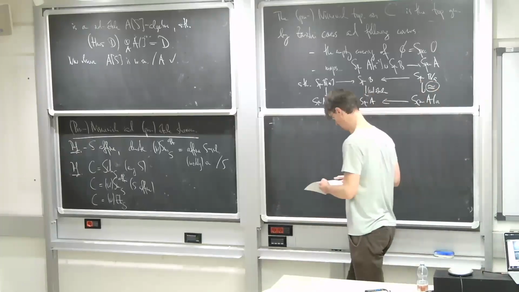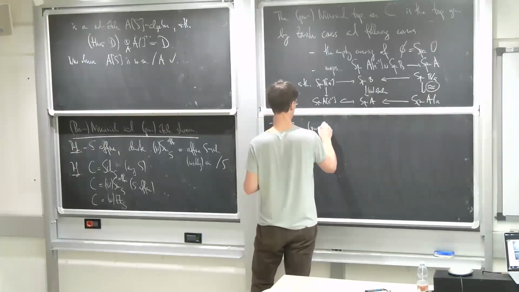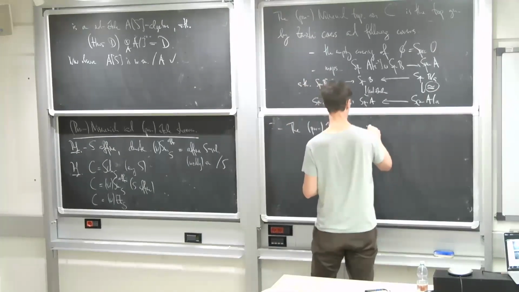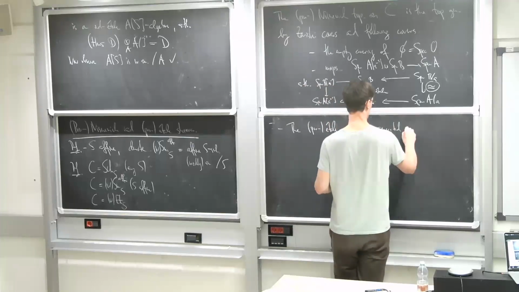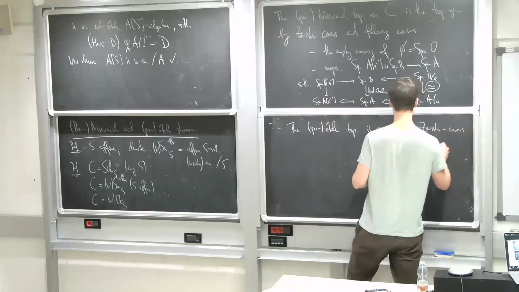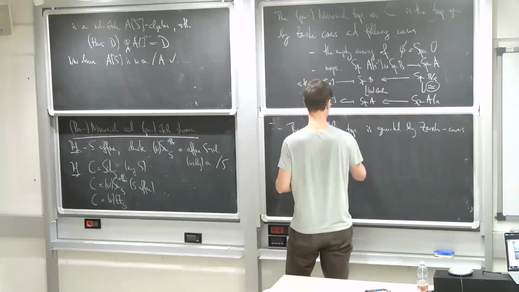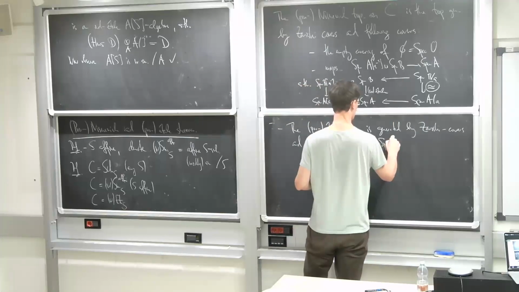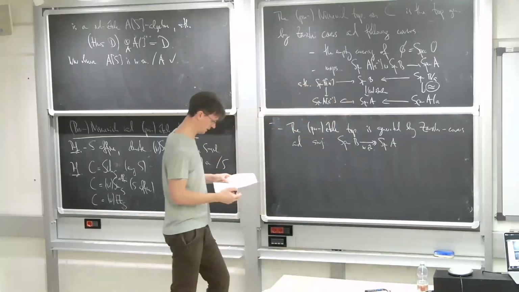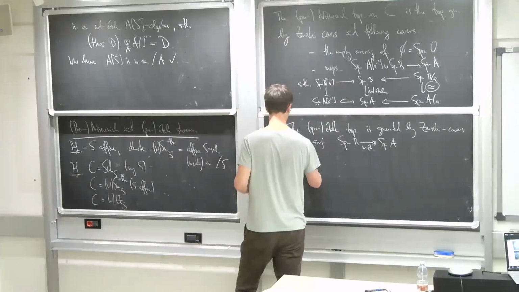This is by Bhatt–Scholze. The topology is generated by Zariski covers and the weakly étale maps Spec B to Spec A. All right, and so I want to write Sheaf_tau(C).